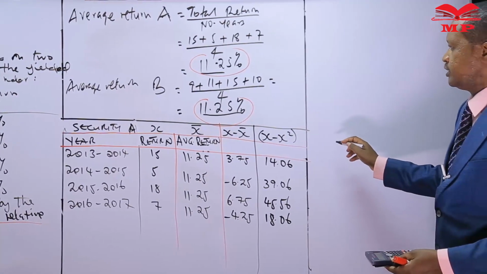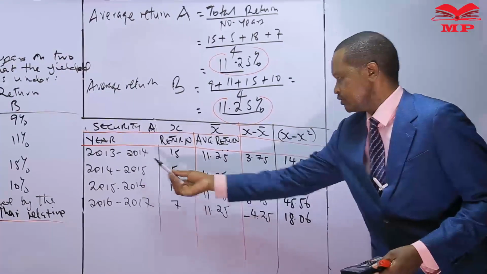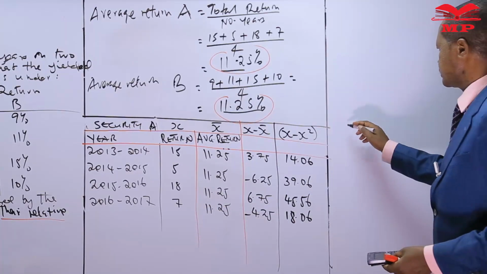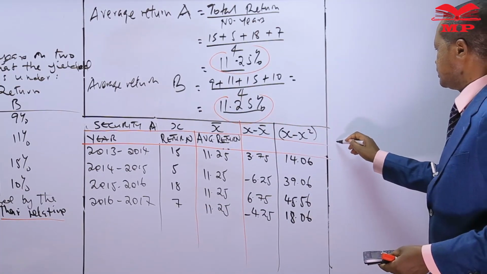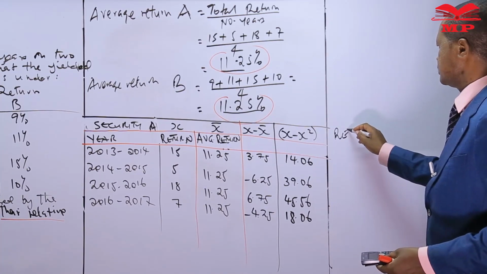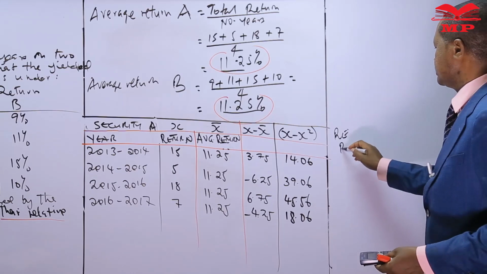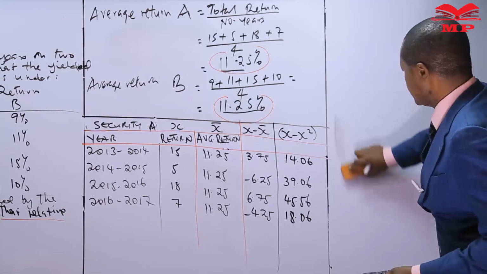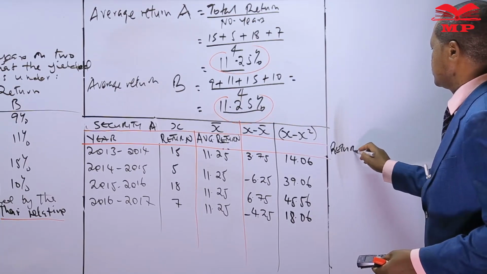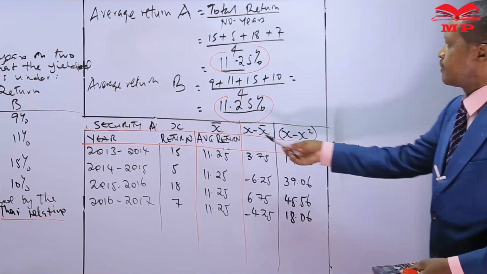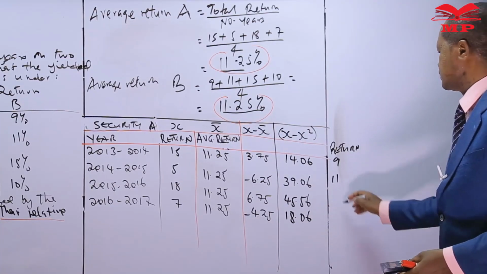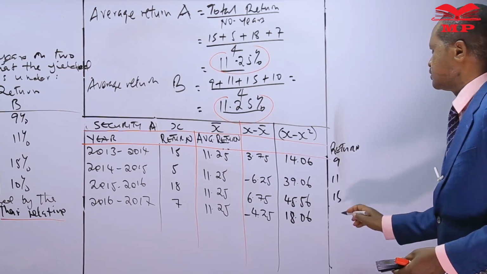For security B, the years will remain, the return is different. The returns for security B are 9, 11, 15, 10.